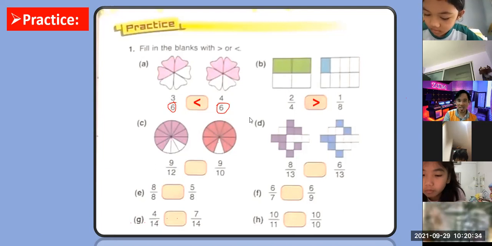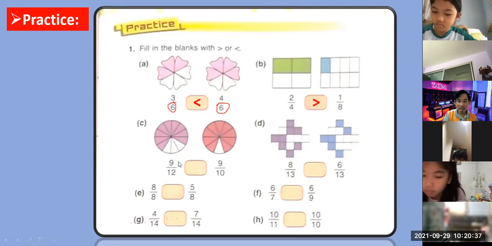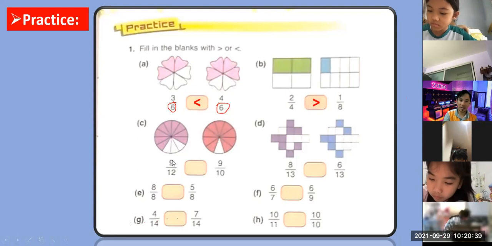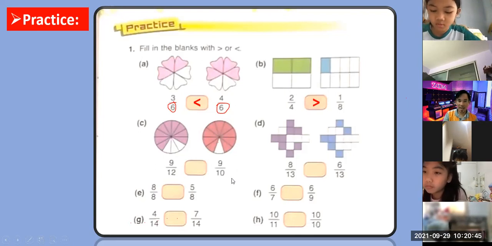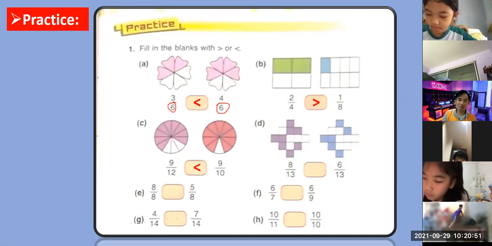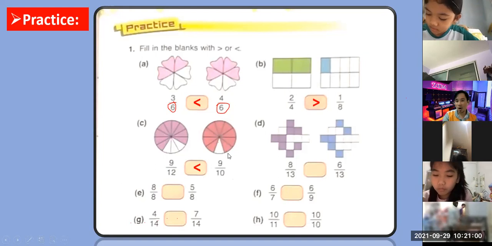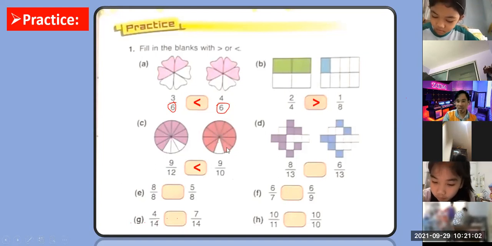Now letter C, the same numerator but the denominators are different. What's the answer here? 9/12 is smaller than 9/10 because in 9/10, you can see that a big part of the circle is shaded.